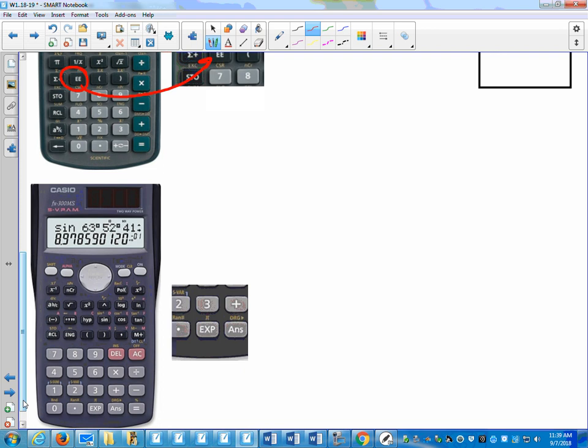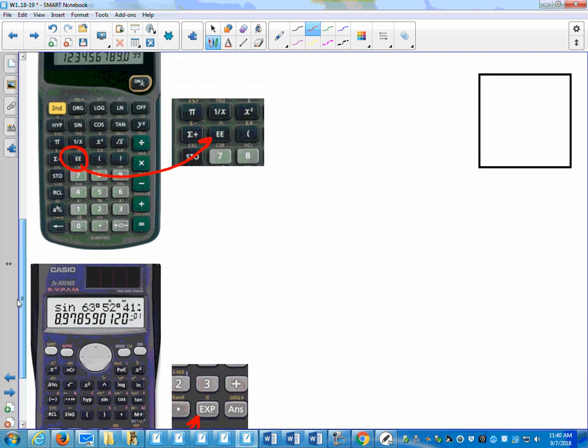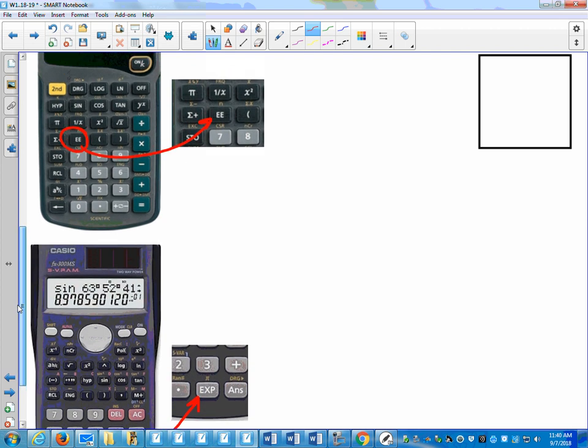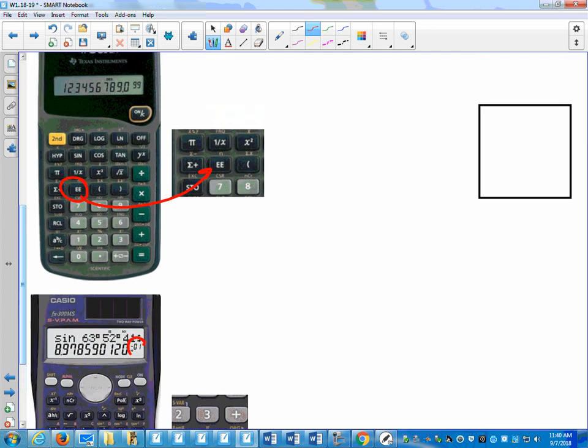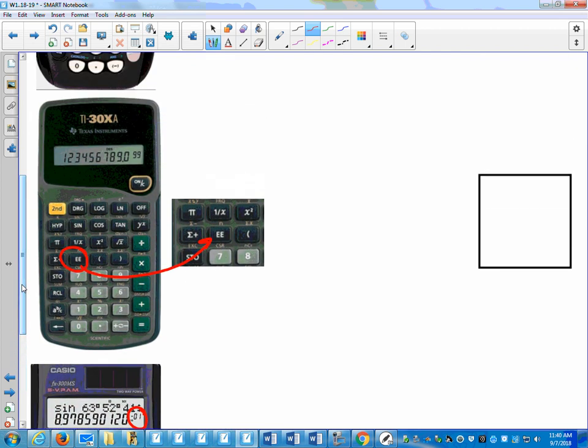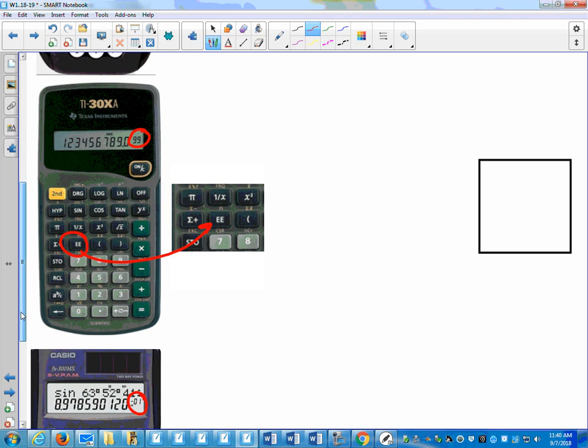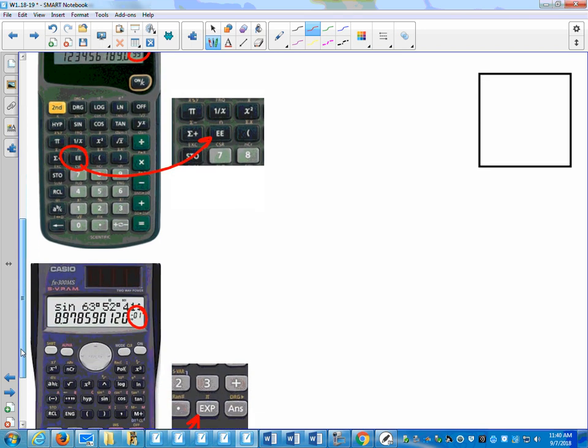In fact, we got a stack of these in the classroom if you want to use them. They don't call it EE on this one. They call it EXP. But it does the same thing. Now, on these smaller calculators, when you hit that button, it actually just formats up here into the power. So you see it all the way over to the right. Superscript.